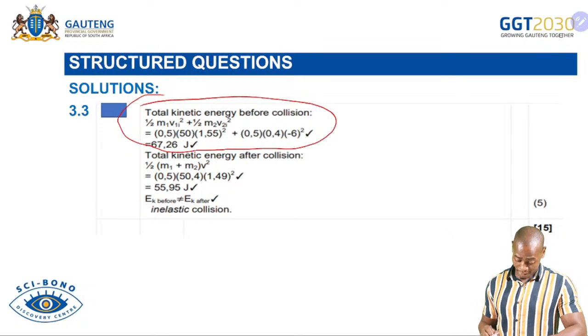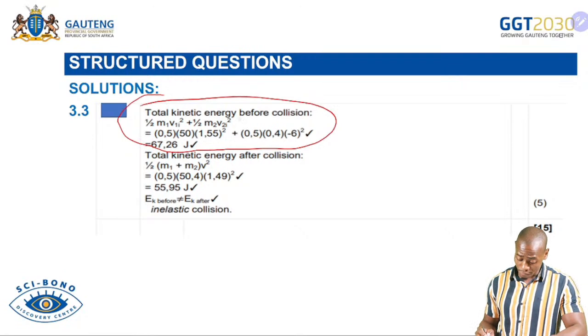So it's 0.5, and that 0.5, remember, is 1/2. Then 50 multiplied by the initial velocity of the boy, which is 1.55, which is what we got in our question 3.2. So it's 1.55 squared, then half, which is 0.5, and then mass, it's 0.4 for the ball.